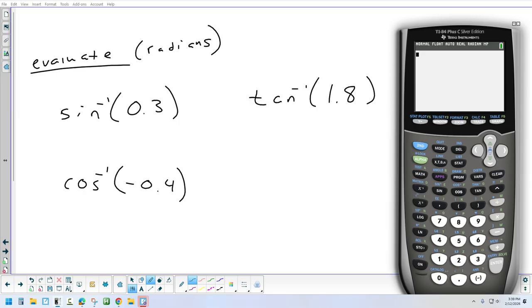And now, how would you type in inverse sine 0.3? Yep, second sine 0.3. That's it. Okay. Second cosine negative 0.4. And second tangent 1.8. That's all there is to it.